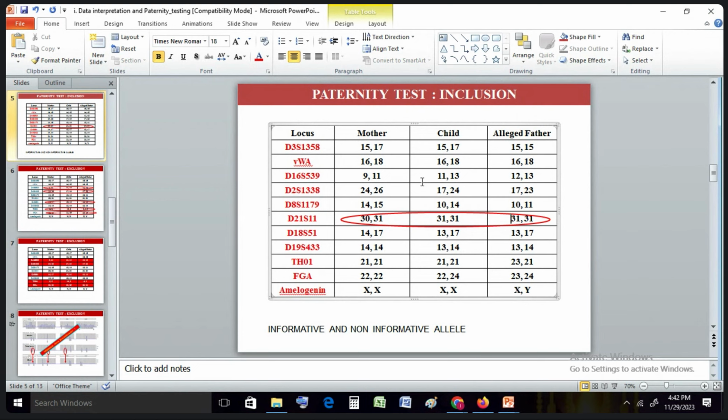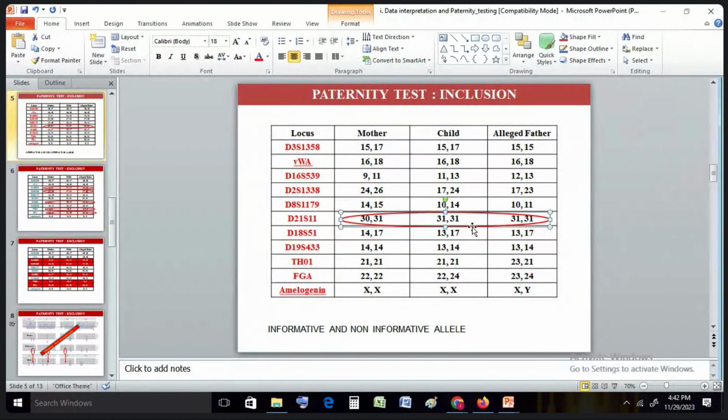Now you can see one by one, all will show you a match result. Like 17 here coming from the mother, 13 should come from the father. It is present in the father. Next one is 14 should come from the mother, because only 14 could come from the mother. So 13 must come from the father.